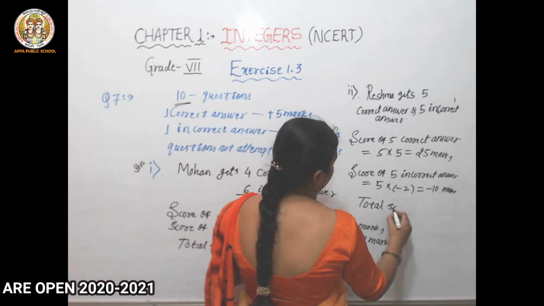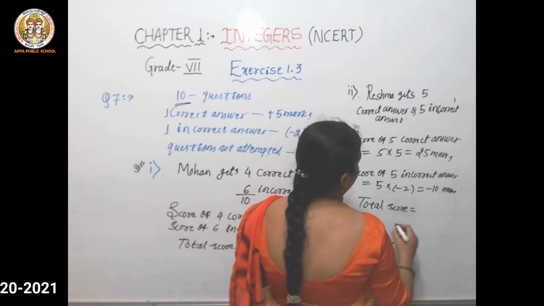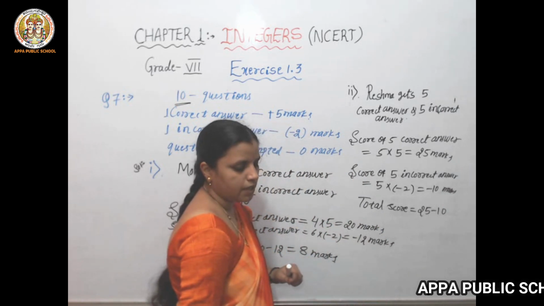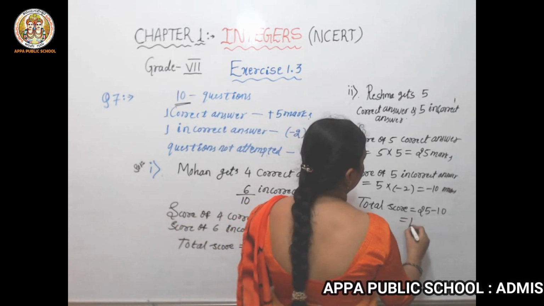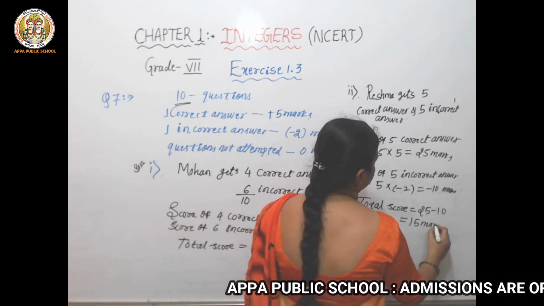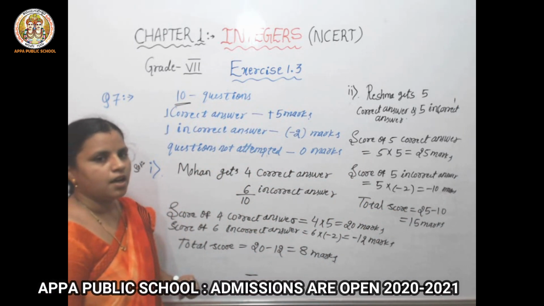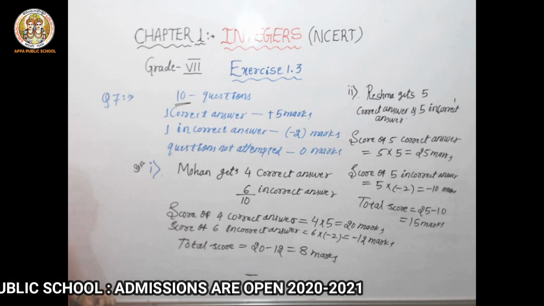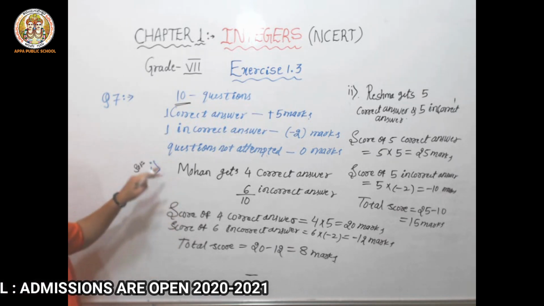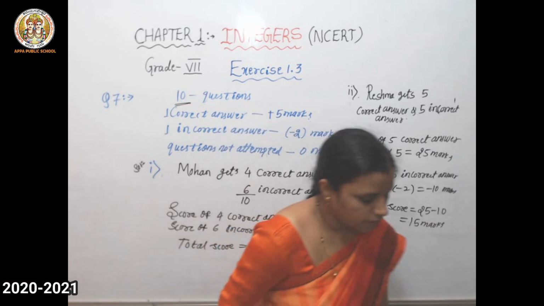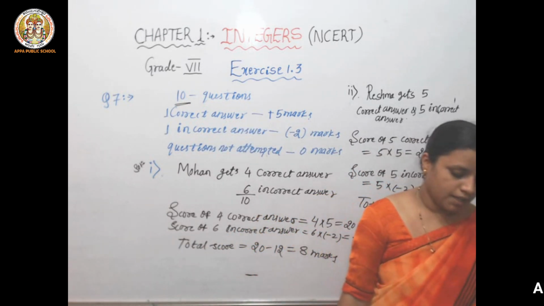How do we calculate the total score? It is 25 minus 10, which is 15 marks. And the third part of this question, the next person is Hina.